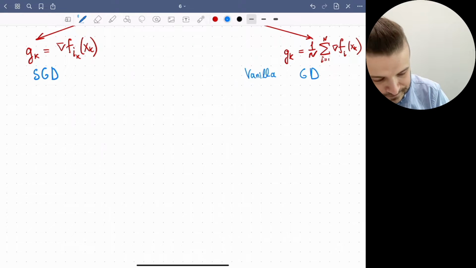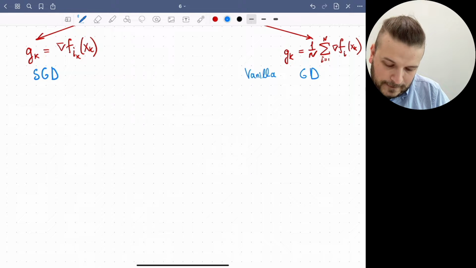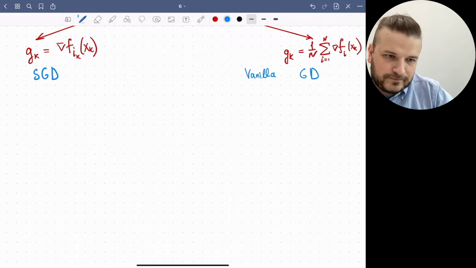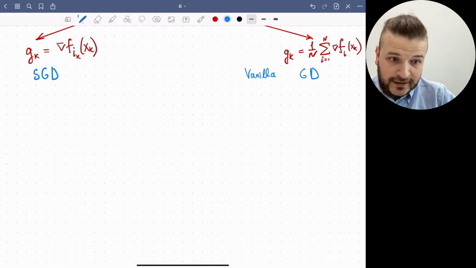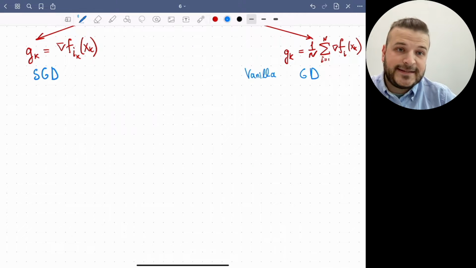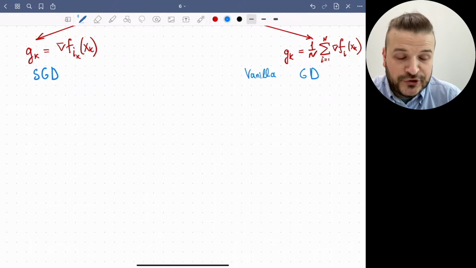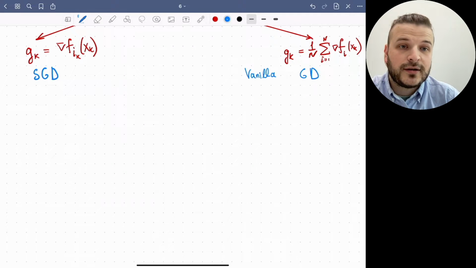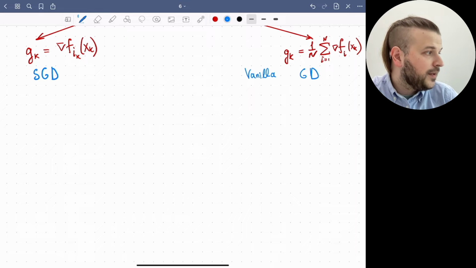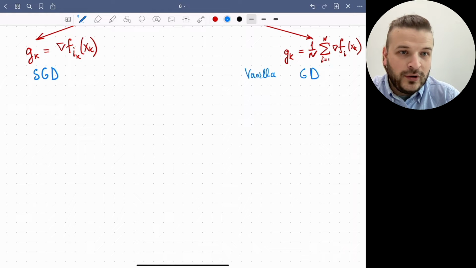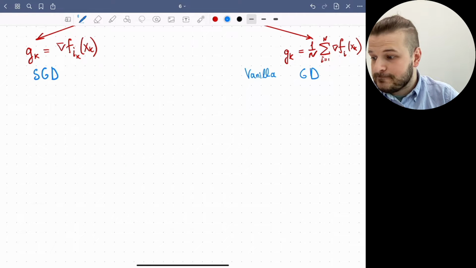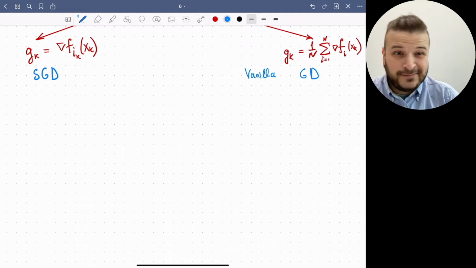And we'll consider this idea first in a non-convex setting, because it's interesting that a lot of practical machine learning problems are in fact non-convex problems, but we're still using convex optimization methods to solve them, and often that's the only way we can proceed, but it works unexpectedly well.